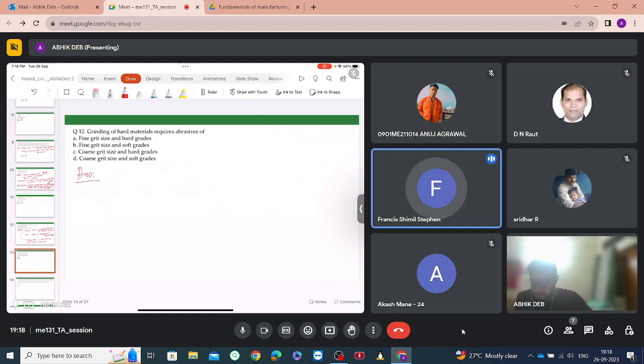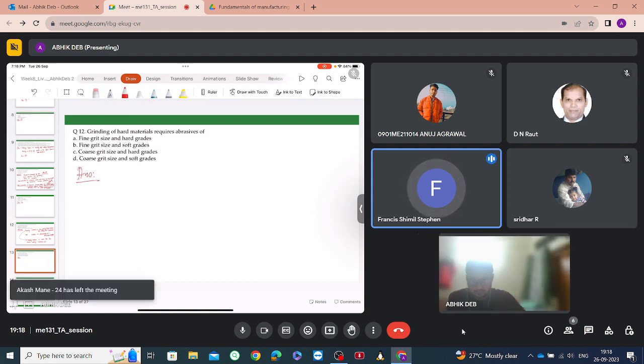For grinding the hard material, we need to apply more force. So if we can apply more force using the fine grit, then how is more force related to fine grit? The area of contact will be lower, isn't it? When we use a coarser grit, the area of contact will be higher.